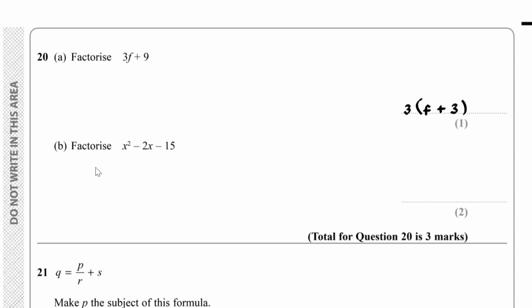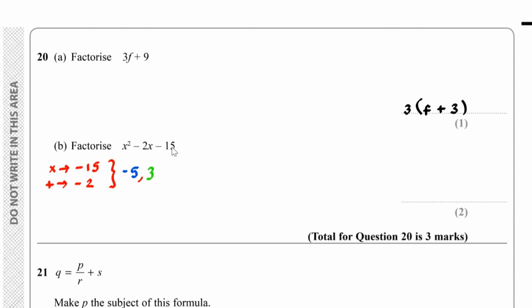Next we have to factorise x squared minus 2x minus 15. Well, what we are looking for here are two numbers which multiply to give minus 15, and which add to give minus 2. You will find these two numbers to be minus 5 and 3.